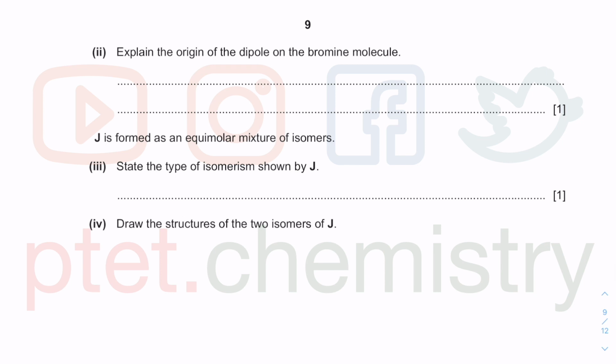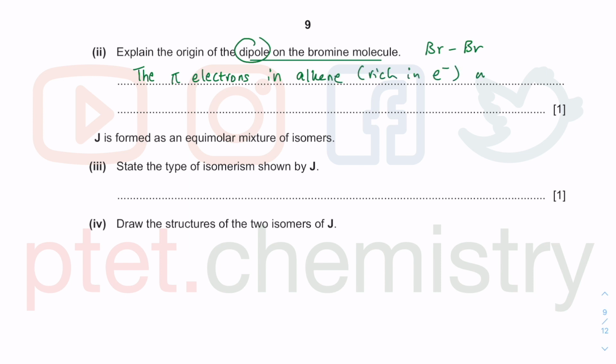Explain the origin of the dipole in the bromine molecule. We know that bromine and bromine have equal electronegativity, so they are non-polar. So where is the dipole coming from? The electrons in the pi bond, called the pi electrons in the alkene, are rich in electrons, and they will induce dipoles, delta plus and delta minus, on the nearby Br2 molecule.